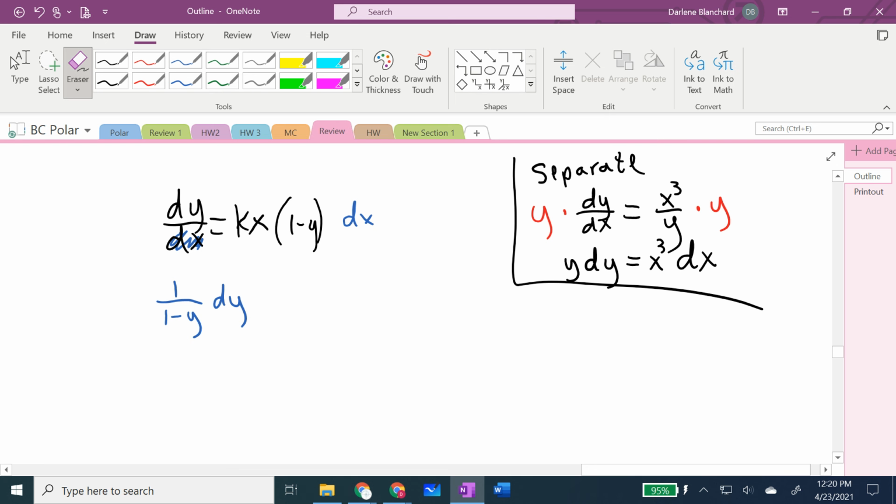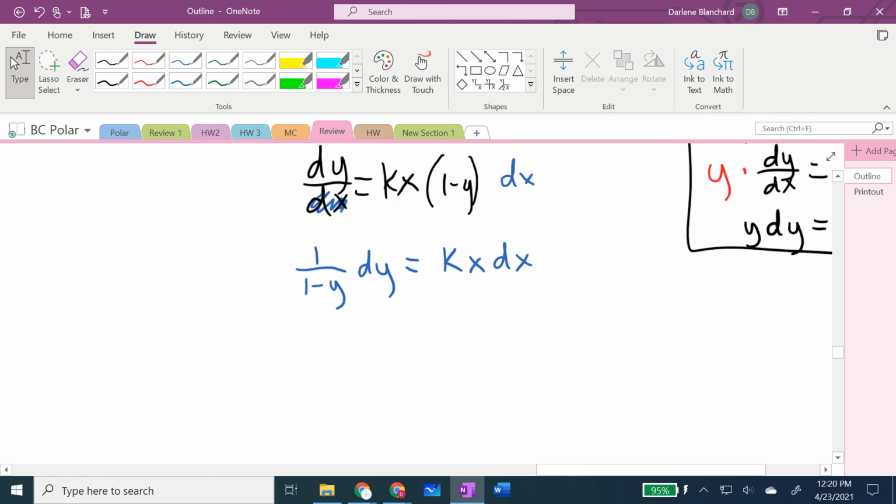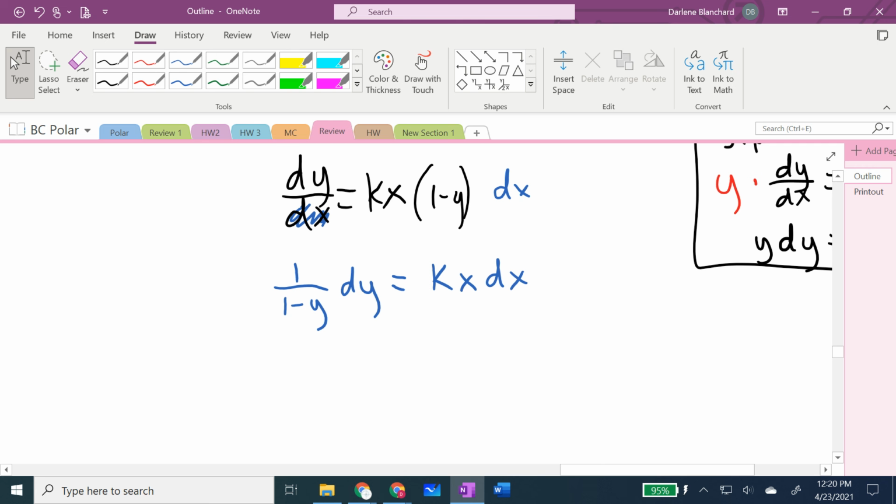So I'm going to stay focused on this particular problem. We divide the 1 minus y over, and leave the constant with the simpler side, the side that has the simpler integration. Now, when I go to integrate both sides, you need to think through the u substitution.